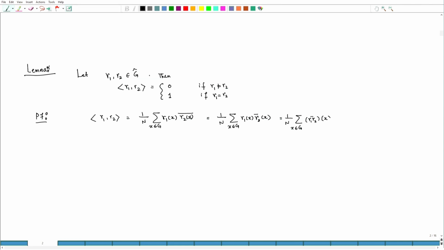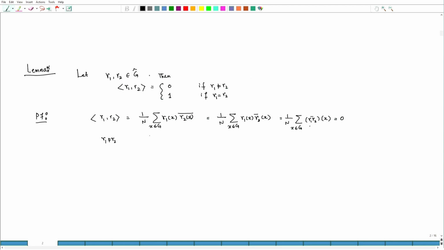Now, gamma 1 is not equal to gamma 2, therefore gamma 1 and gamma 2 bar are not trivial characters, because gamma 1 is not equal to gamma 2. Now, this is going to be 0.